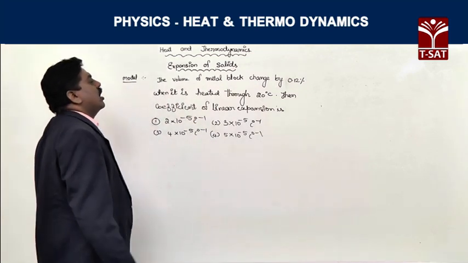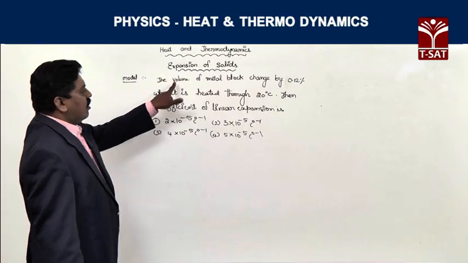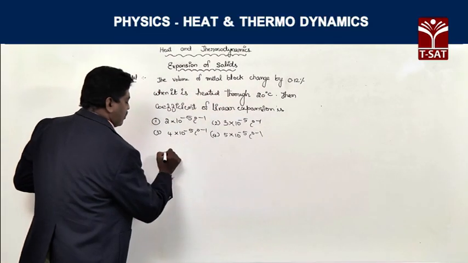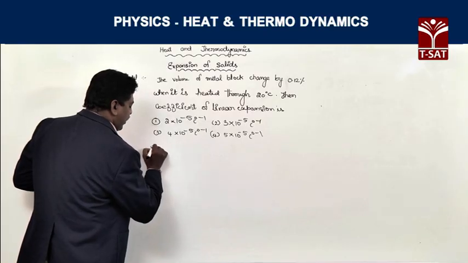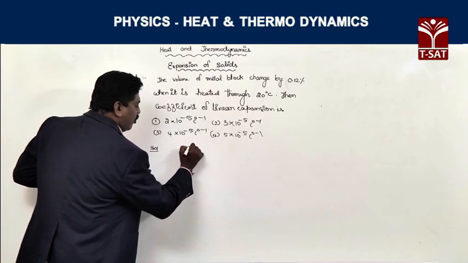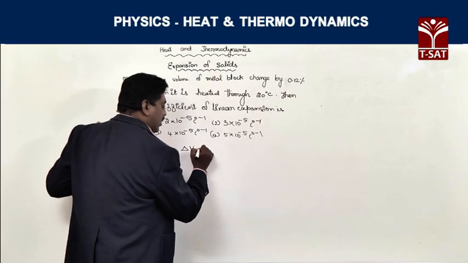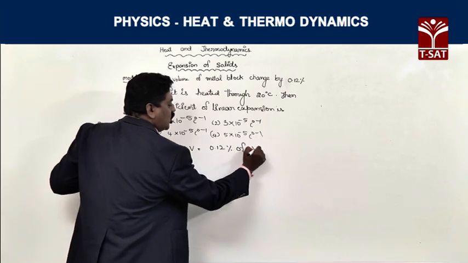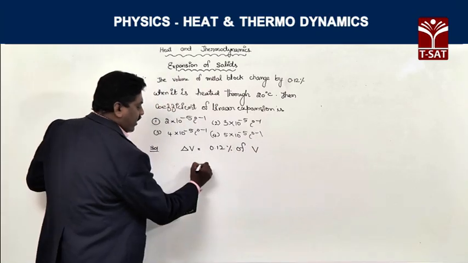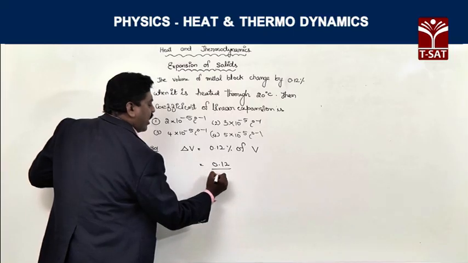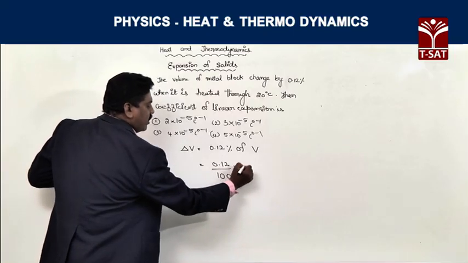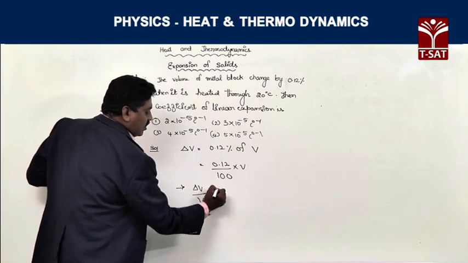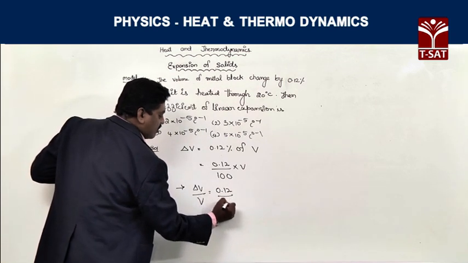Here we are given volume of metal block changes by 0.12%. Means, let us say change in volume is delta V equals 0.12% of the initial volume. It is given as 0.12 by 100 into V. Therefore, delta V by V equals 0.12 by 100.